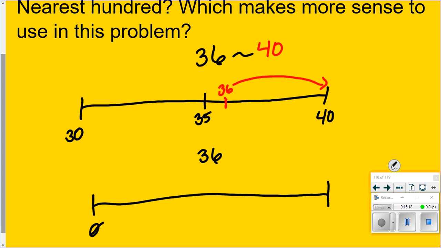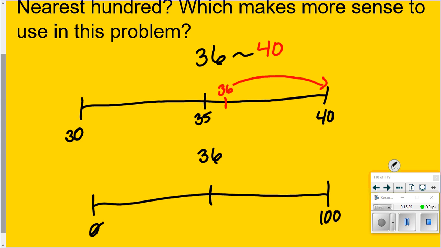What's going to be my ending point, Lincoln? 100. Very good. Now I need a middle. Devin. 35 is not my middle.